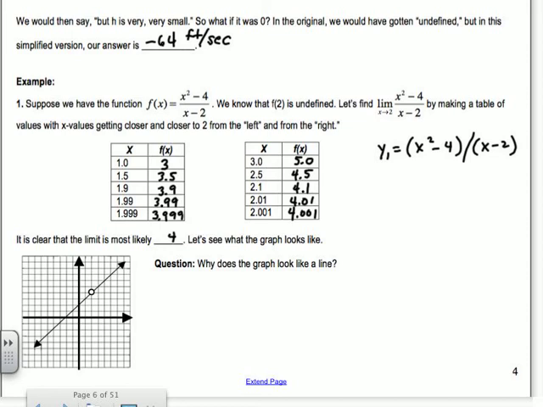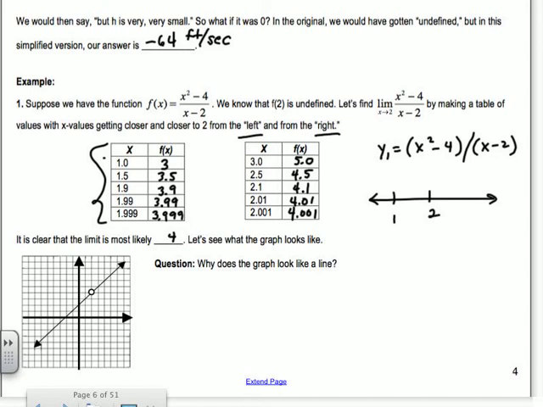Okay. What does this from the left and from the right mean? So basically, if I had a number line and I had 4 on it, or not 4, 2, that's the x value I'm approaching. If I start at 1 and I start plugging in values, you see it right here, closer and closer to 2, which direction am I coming from if I start at 1 and I go to 2?